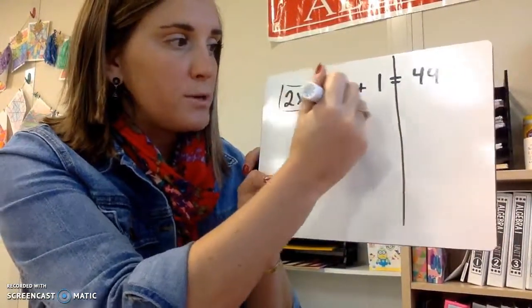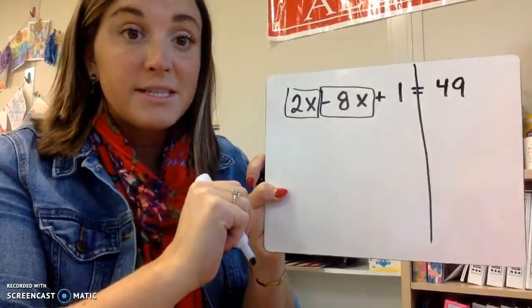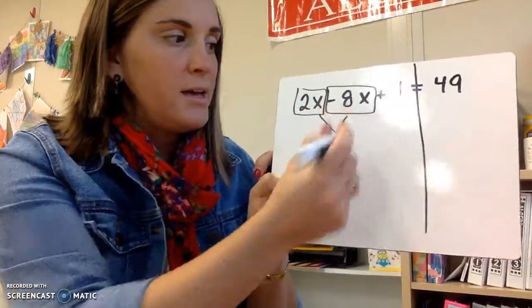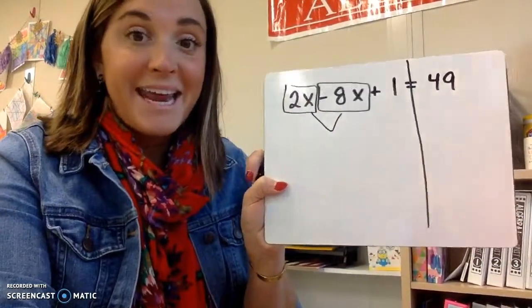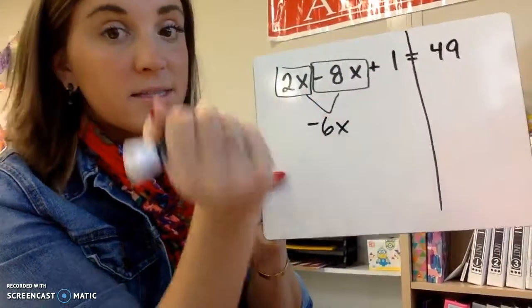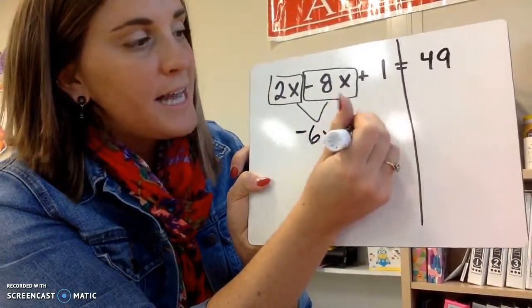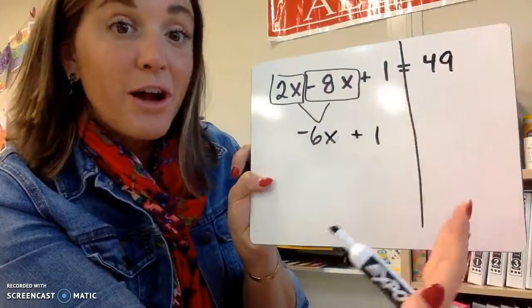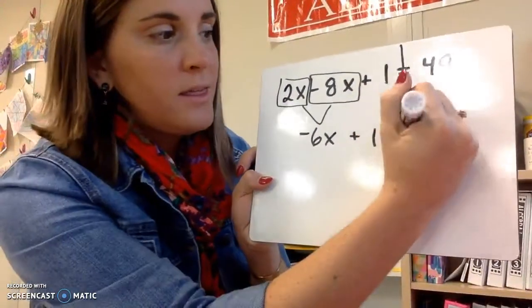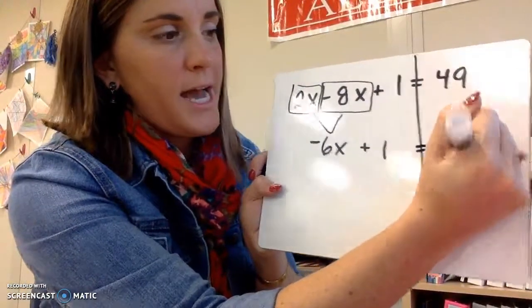Those are both variable terms because they both have the same variable of x, so they are like terms. 2x minus 8x is going to give me negative 6x. Bring down that plus 1 because there is no other constant on that side that the 1 is going to get combined with, and then equals 49.